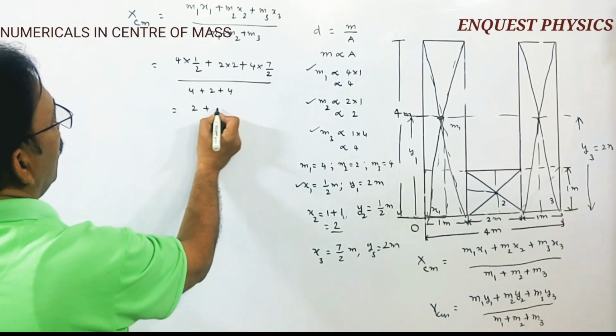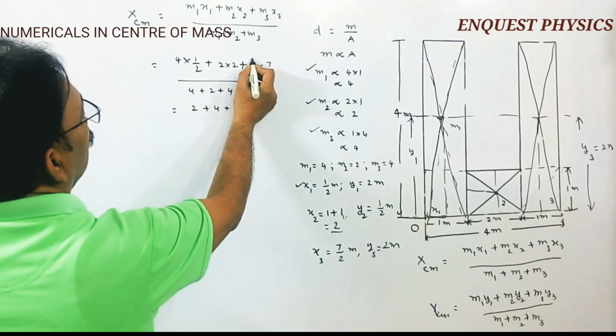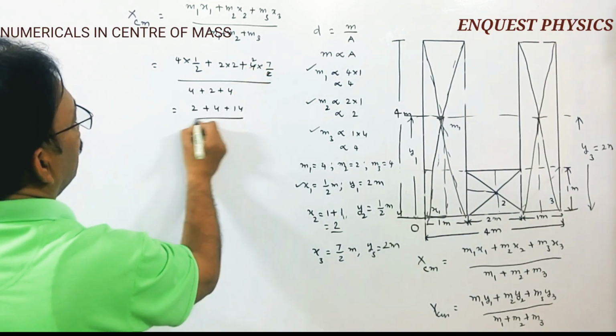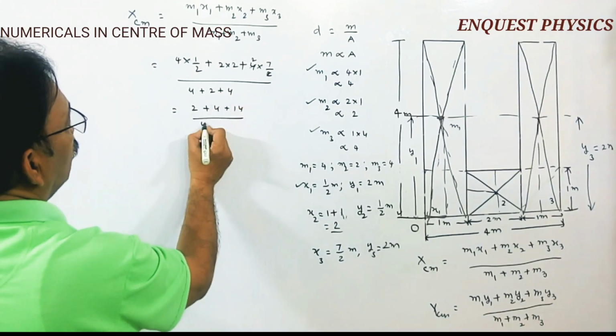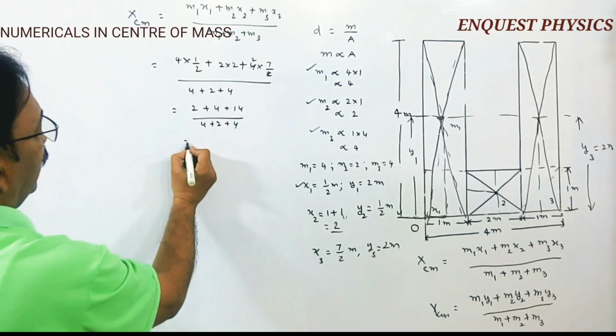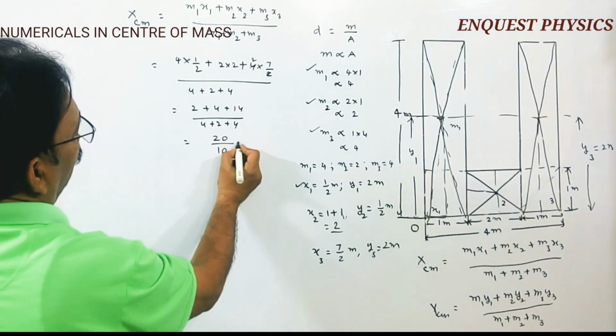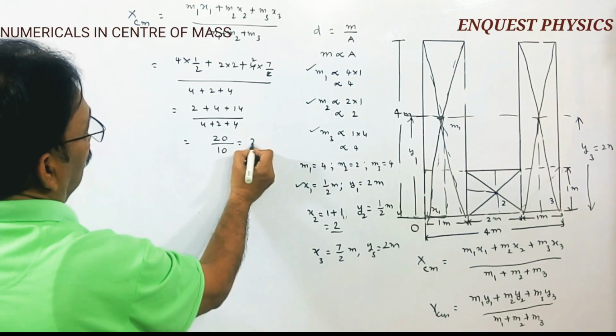It is 2 plus 14 by 10, which is 20 by 10, it is 2 meter.